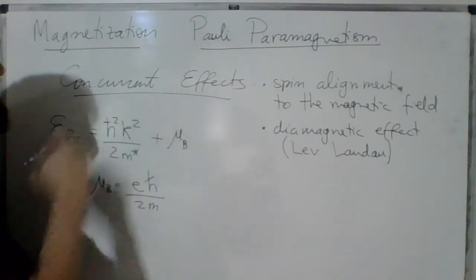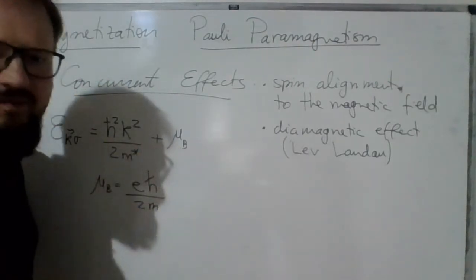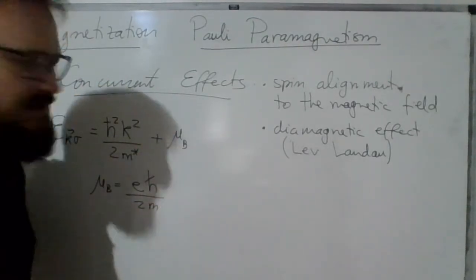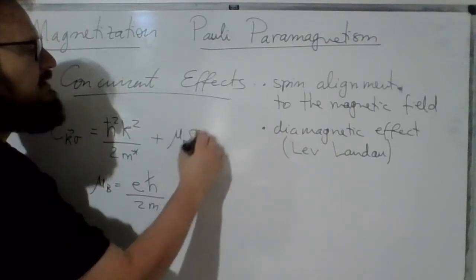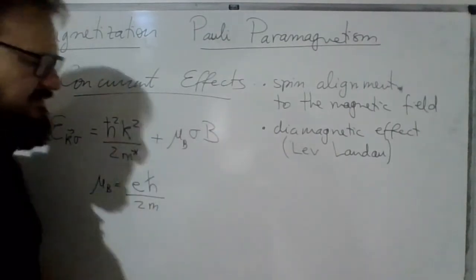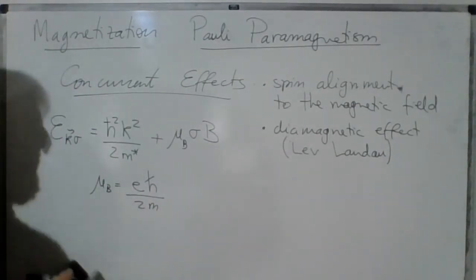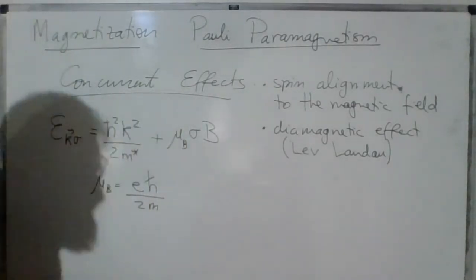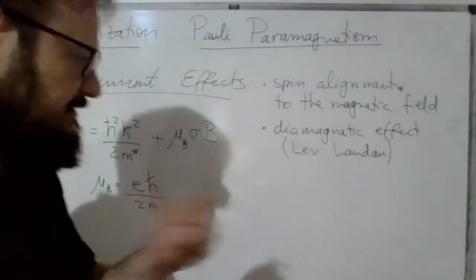But whatever, I am using this Bohr magneton to simplify notation, and this is multiplied by the spin times magnetic field B. There is another aspect to be precise.